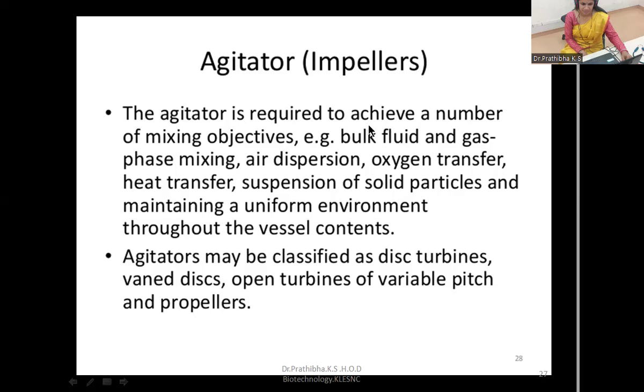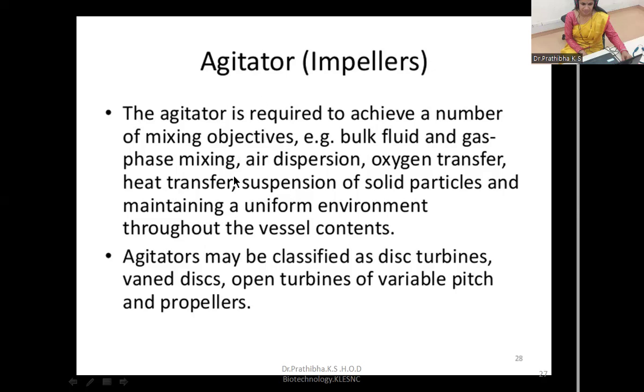The agitator is required to achieve a number of mixing objectives like bulk fluid and gas phase mixing, air dispersion, oxygen transfer, heat transfer, suspension of solid particles, and maintaining a uniform environment throughout the vessel contents. For all these purposes, we are using the agitator or impellers.